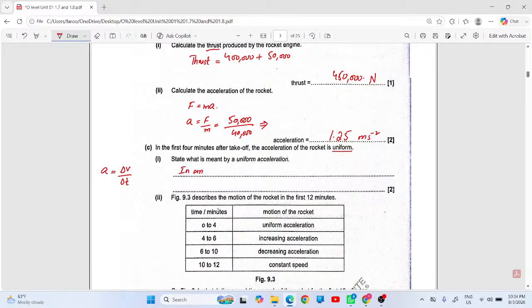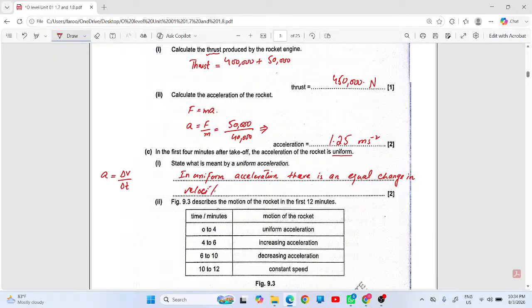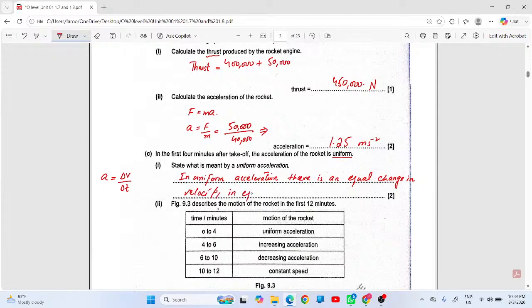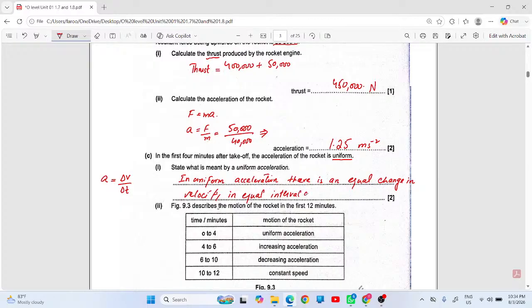In uniform acceleration, there is an equal change in velocity in equal interval of time.